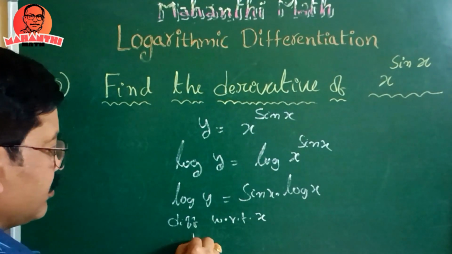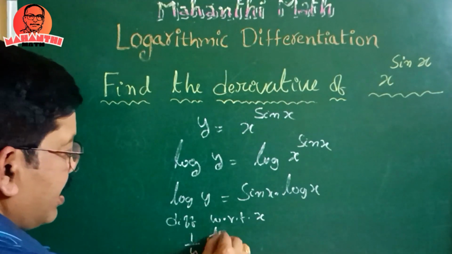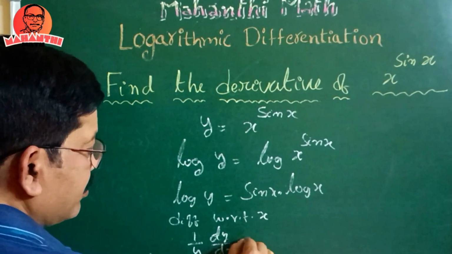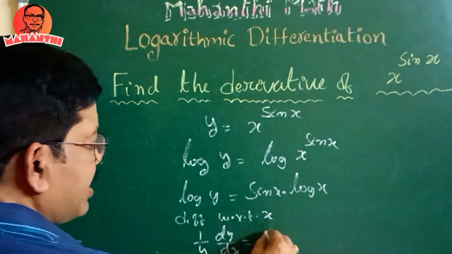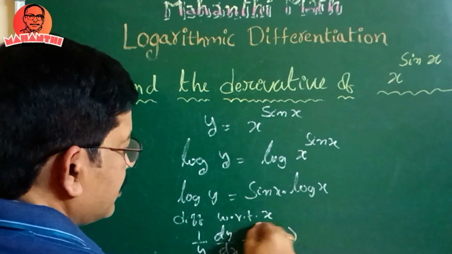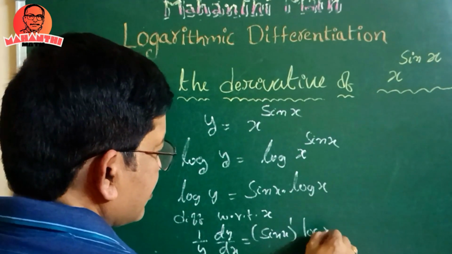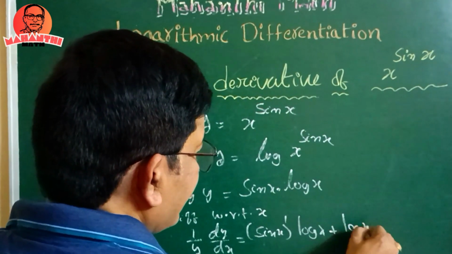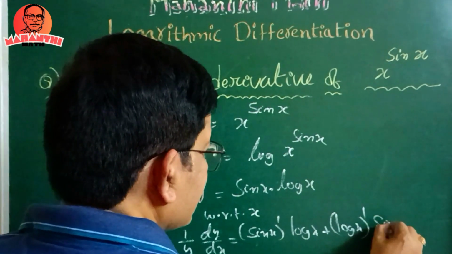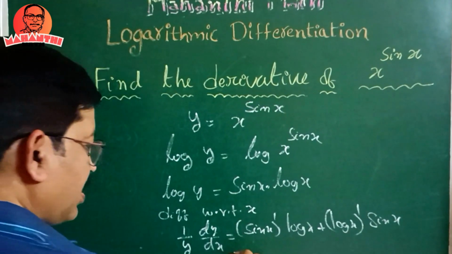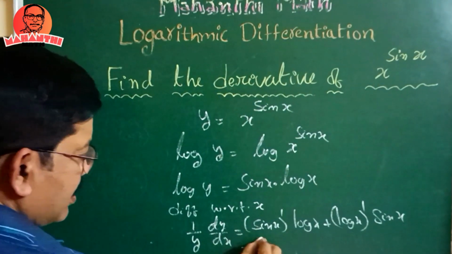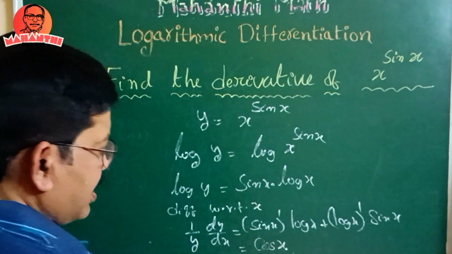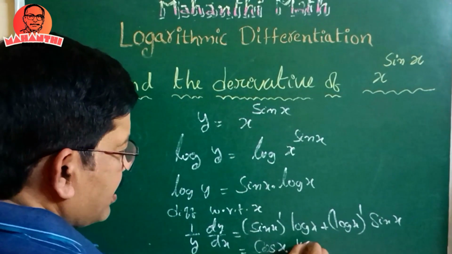Log y derivative 1 by y dy by dx equal to sin x derivative into log x plus log x derivative into sin x. What is the derivative of sin x? Cos x into log x.